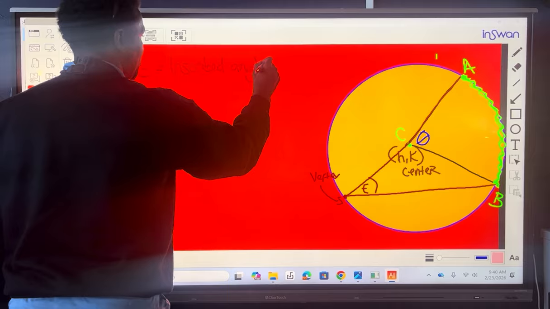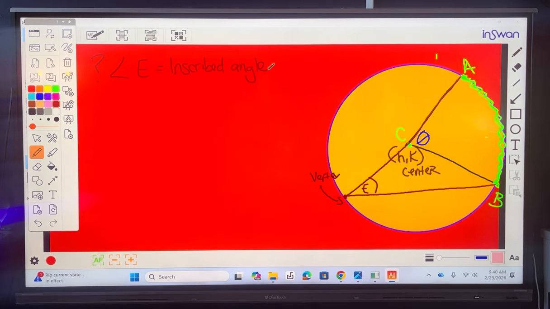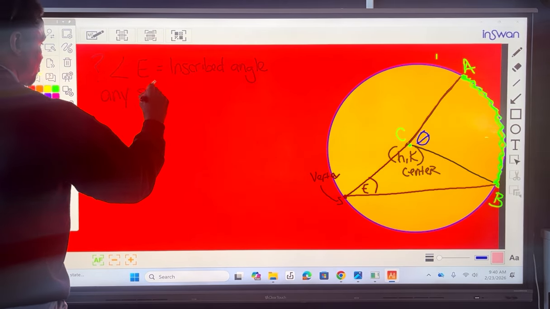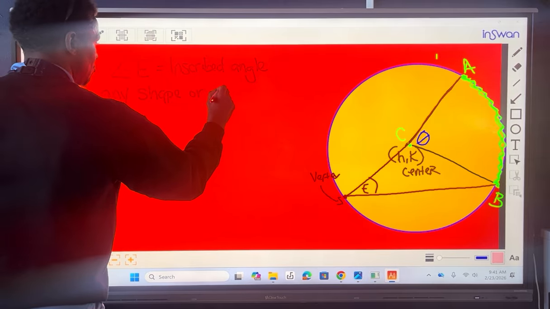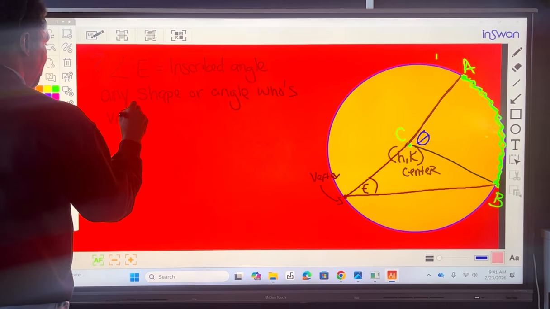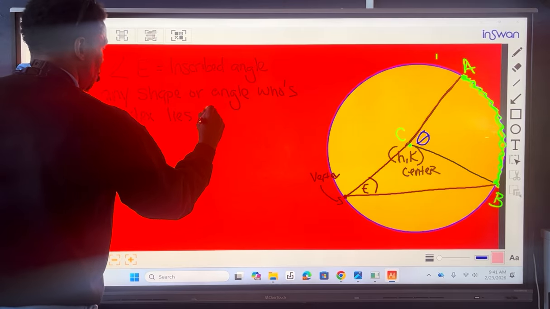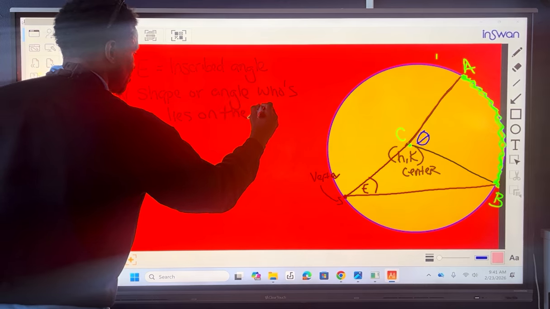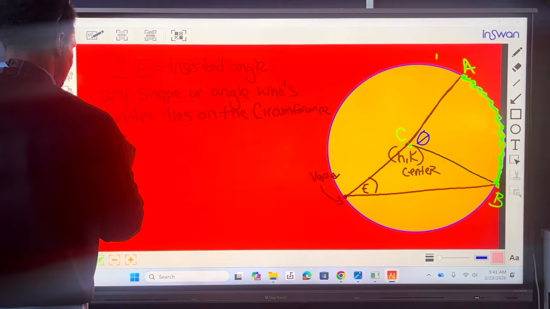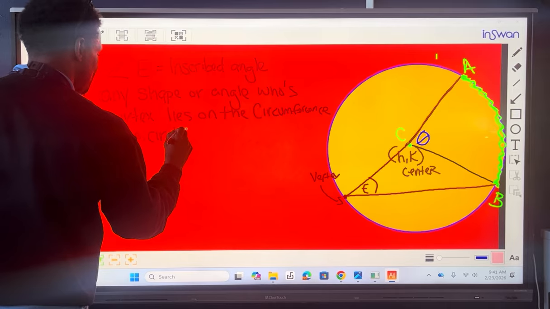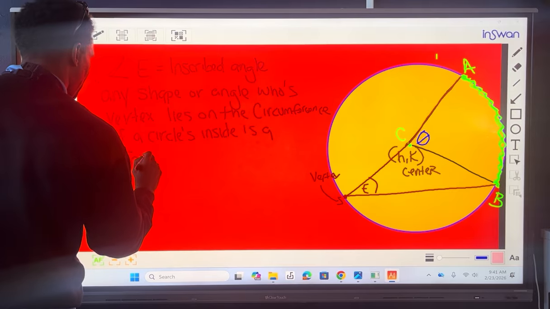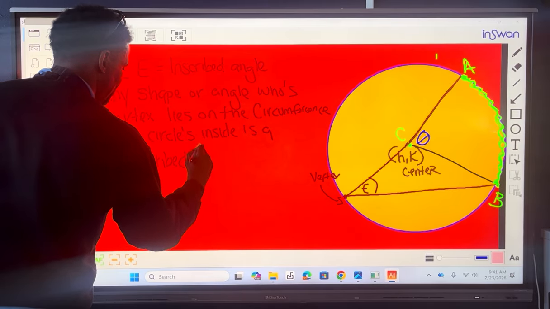Jot this down: any angle whose vertex lies on the circumference of a circle. Inscribed angle. That's the name of it.